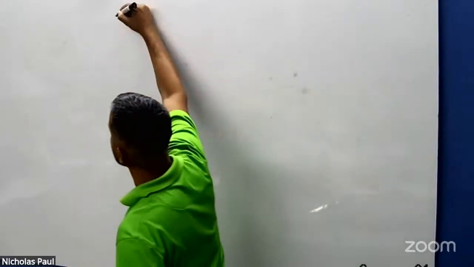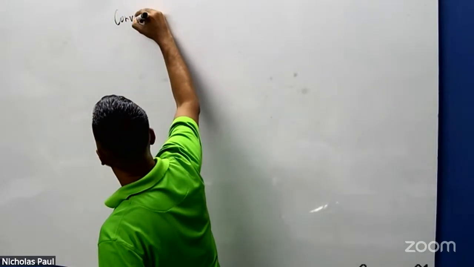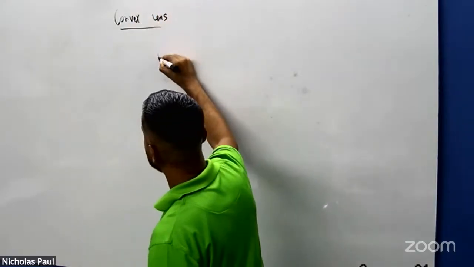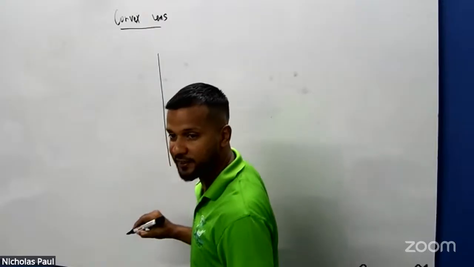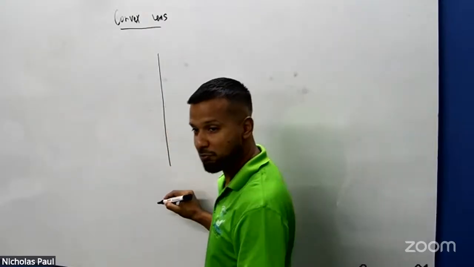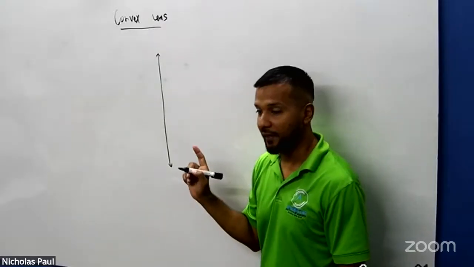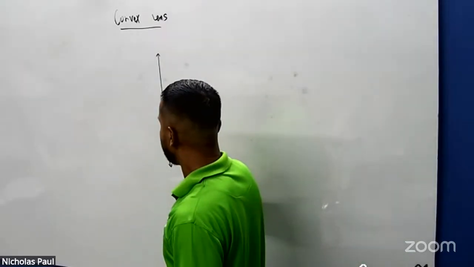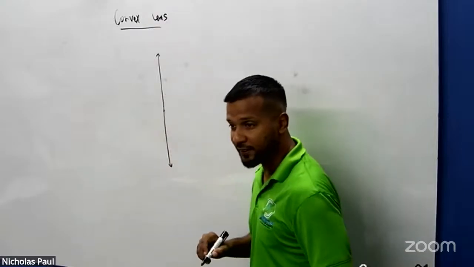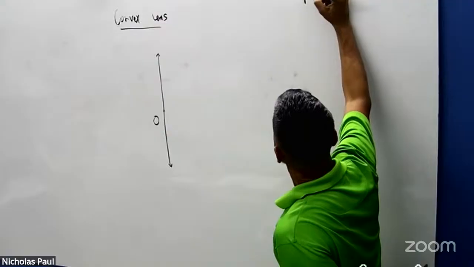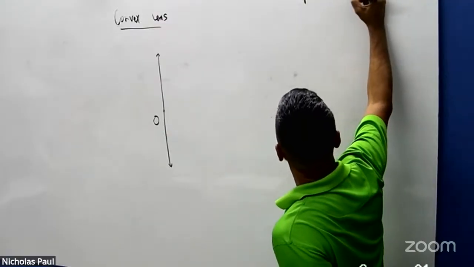Right, we are only focusing on the convex lens. So let's say I drew the lens like this with a straight line. There are a couple of things that we need to know on this line. Number one, the middle of that lens, we call that O. O is the optical center.